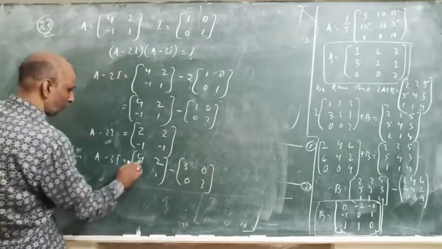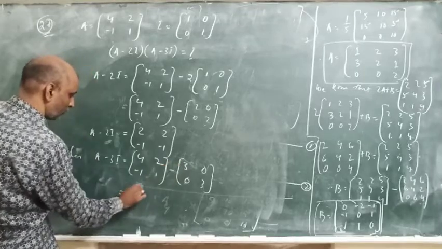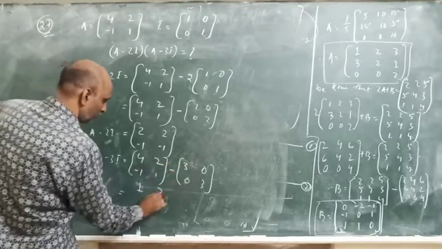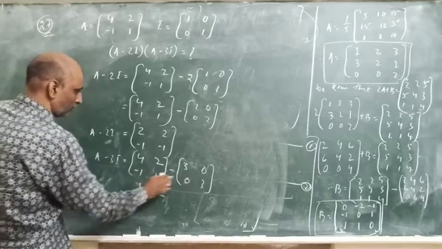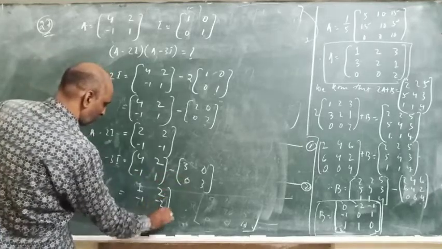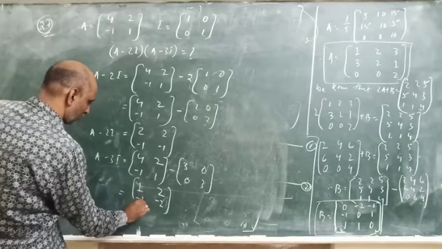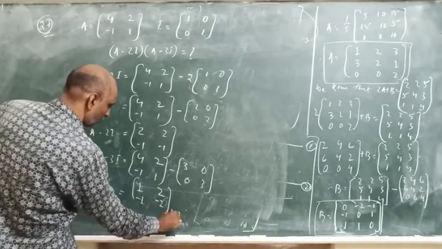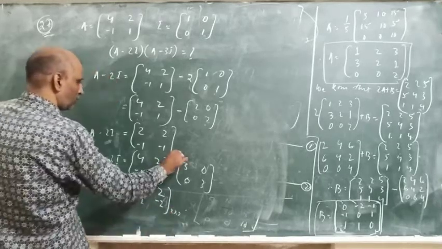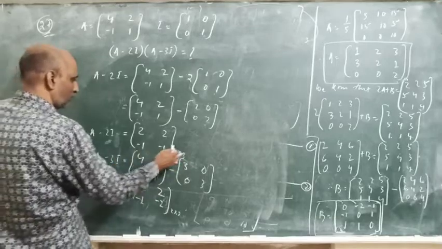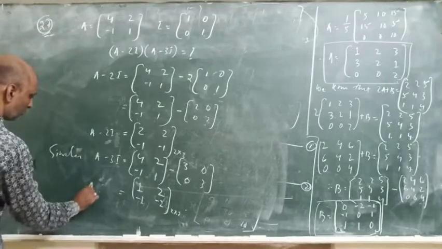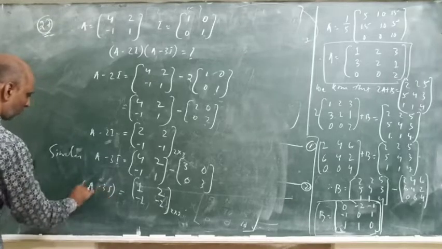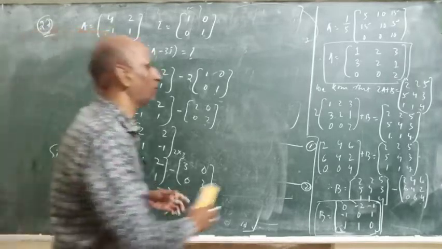Now what will I get? [4 minus 3, 2; minus 1, 1 minus 3]. Okay, A minus 3I is also a second order matrix. Now we multiply these two.